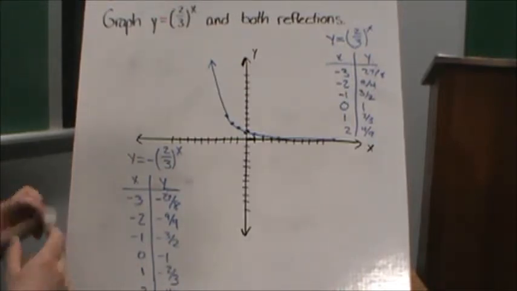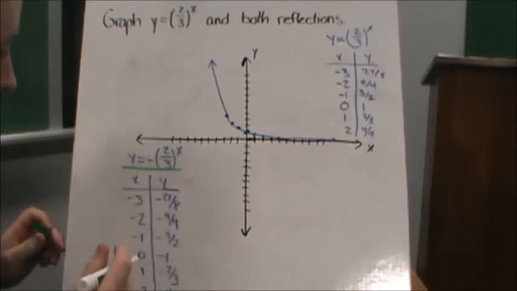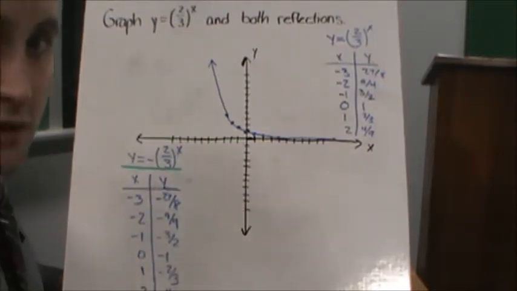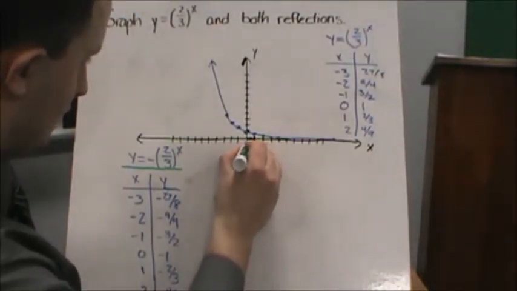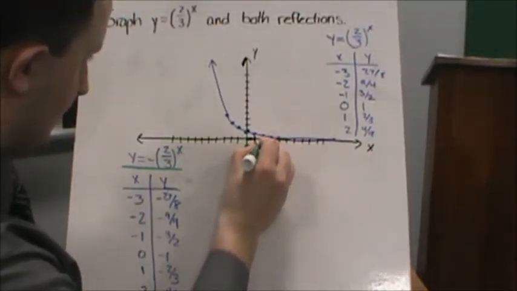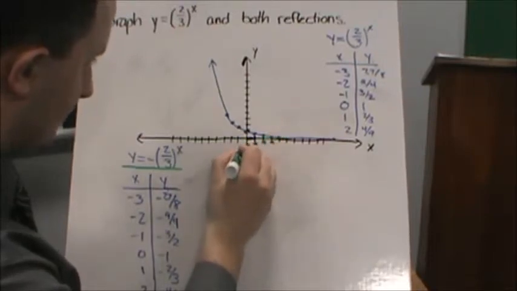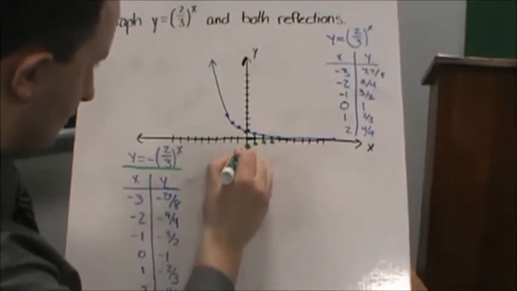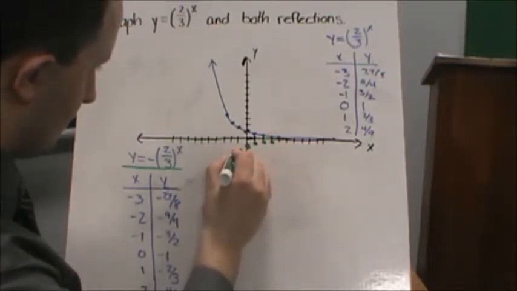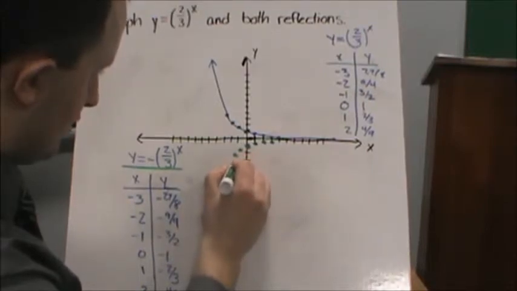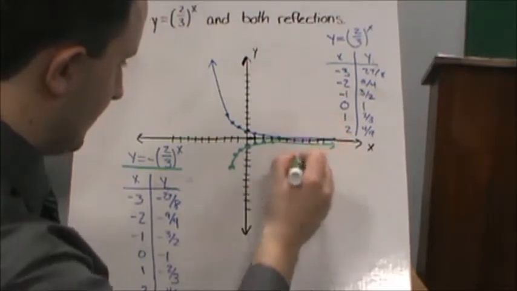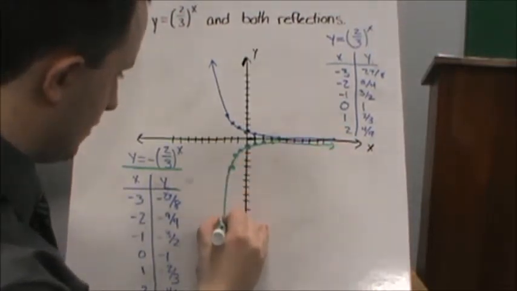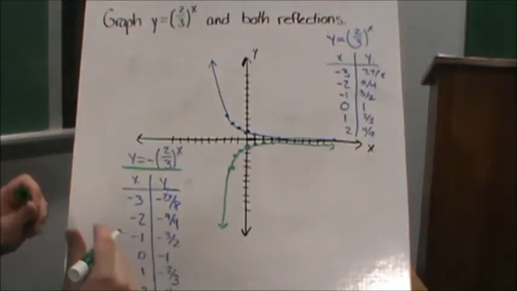I will graph the x-axis reflection in green. So 0, negative 1. And we get these following points. And just connect them. And we get our nice curve.